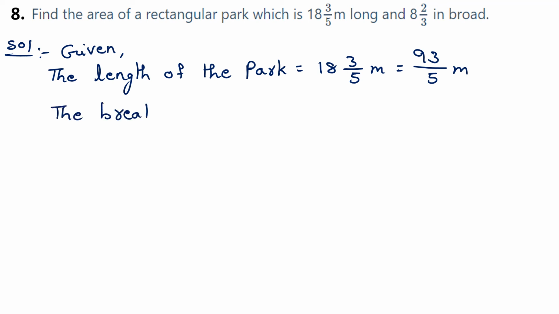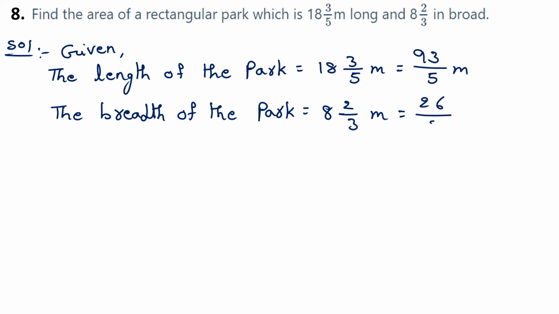What is the breadth of the park? Breadth of the park equals 8 2 by 3 meters, which means 8 3s are 24, plus 2, 26 by 3 meters.